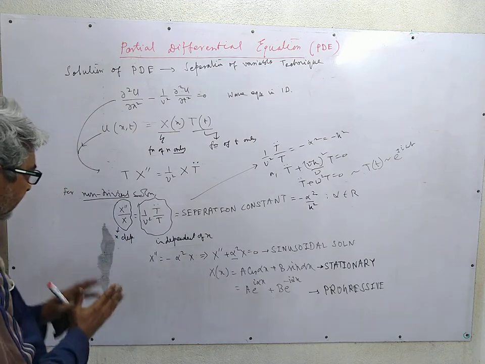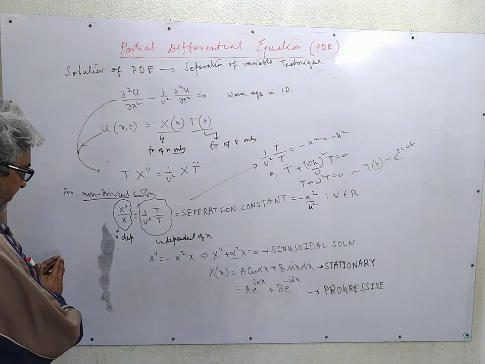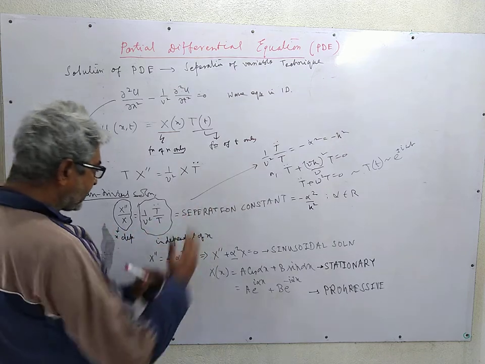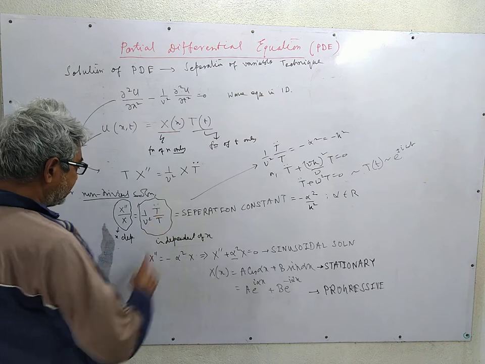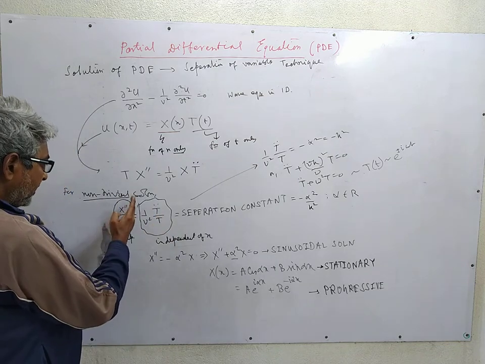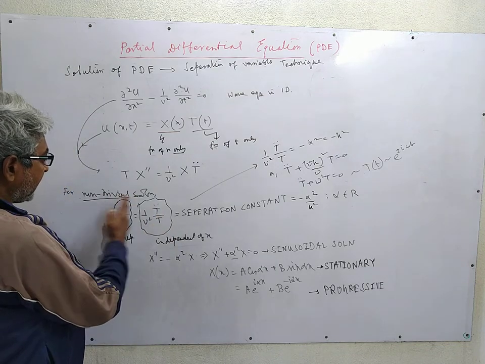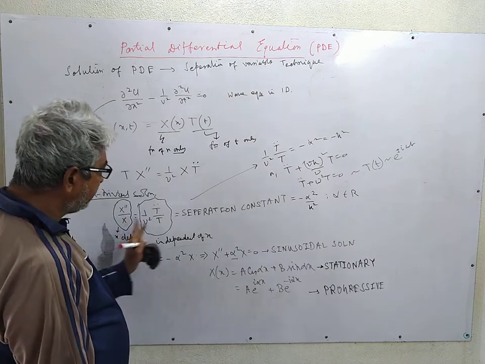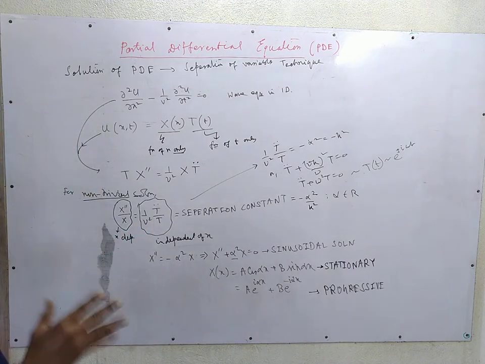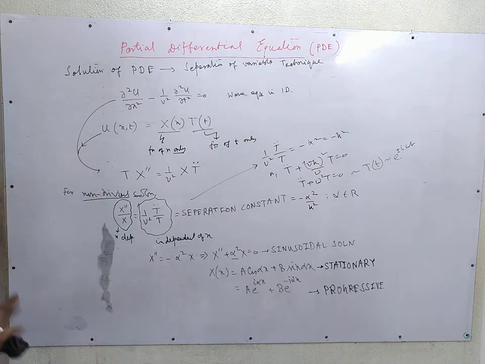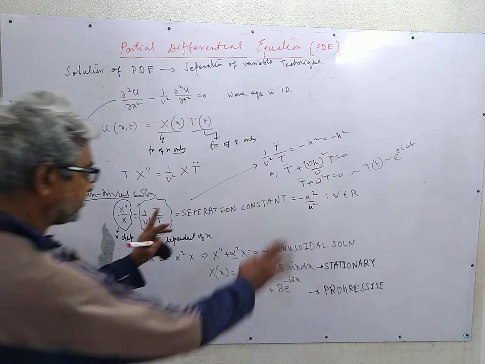We then take one function on the left and the others on the right. For example, if we consider the variables to be x, y, z and t, then we take the x part on the left and the y, z and t part on the right, and we argue that the left hand side depends only on x while the right hand side is independent of x. So both sides must be separately equal to some constant called the separation constant.